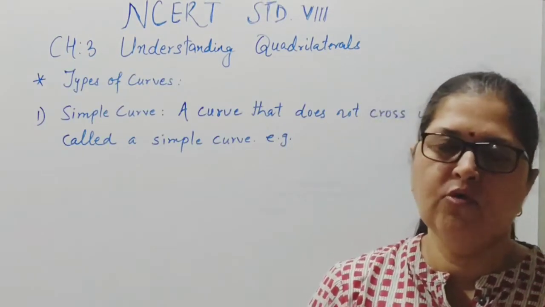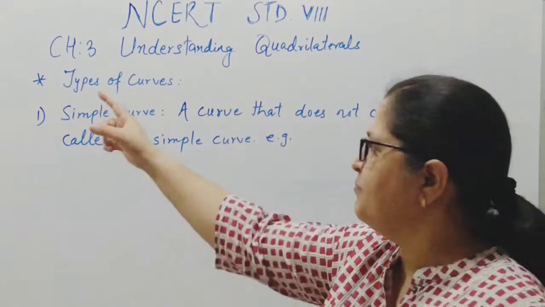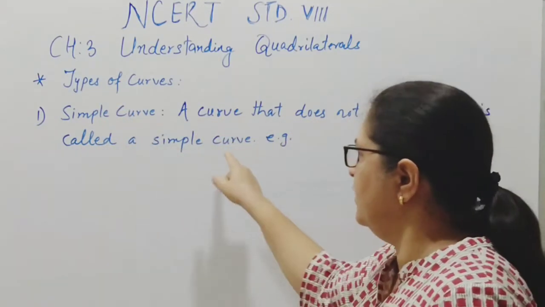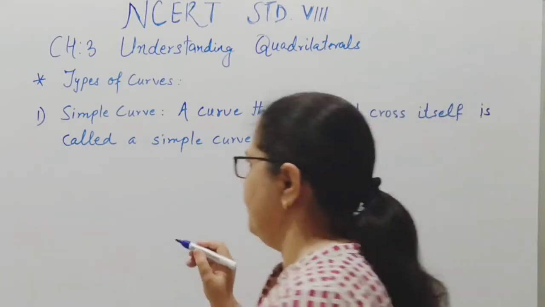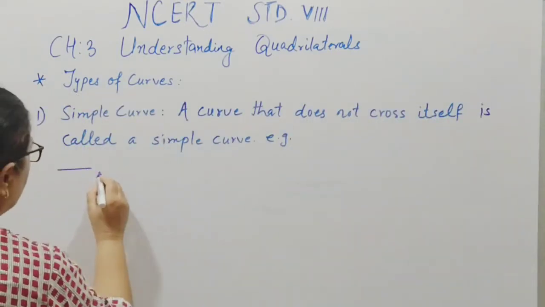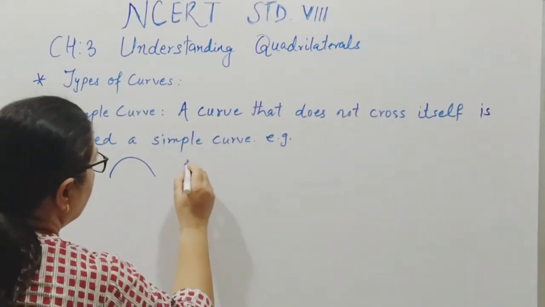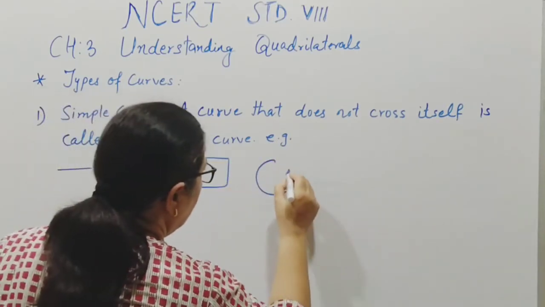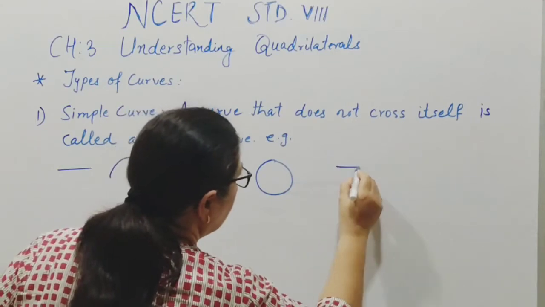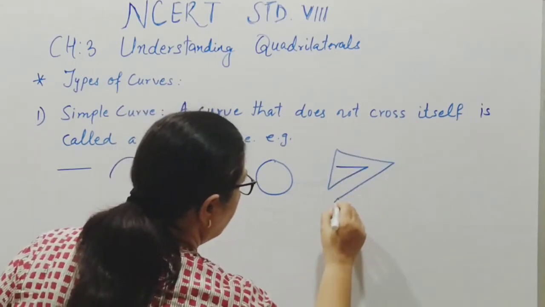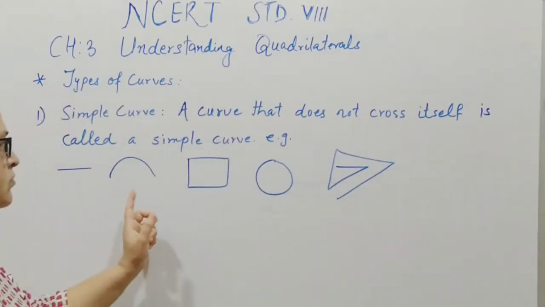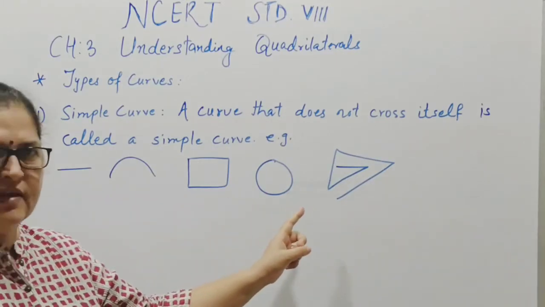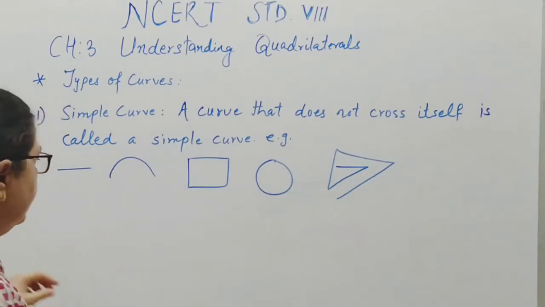Next, types of curves. Number 1, simple curve. A curve that does not cross itself is called a simple curve. For example, here these curves are not crossing themselves, so these are simple curves.